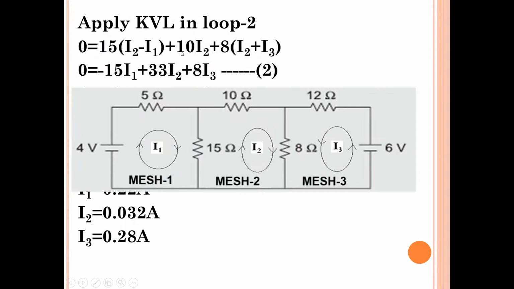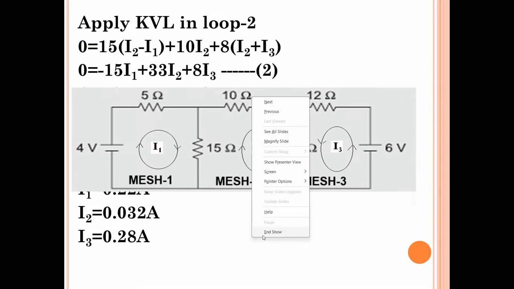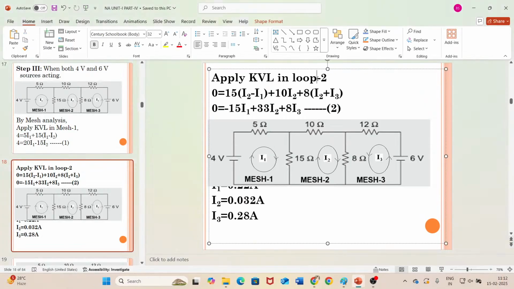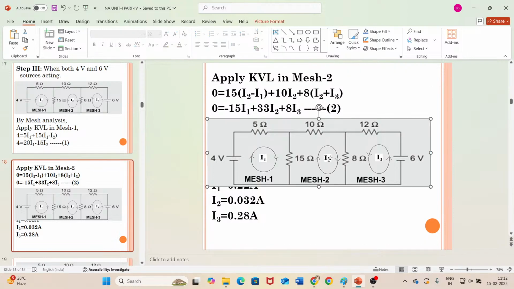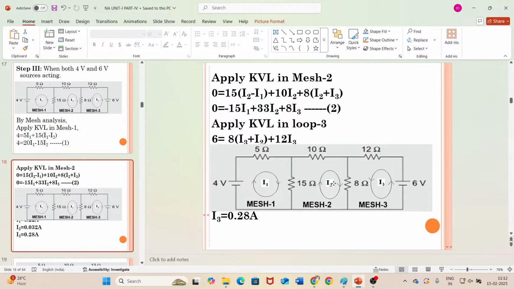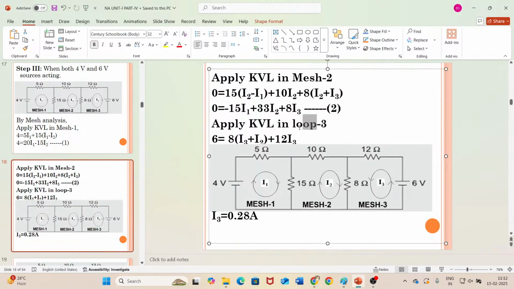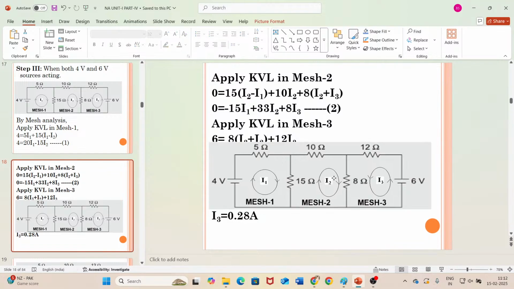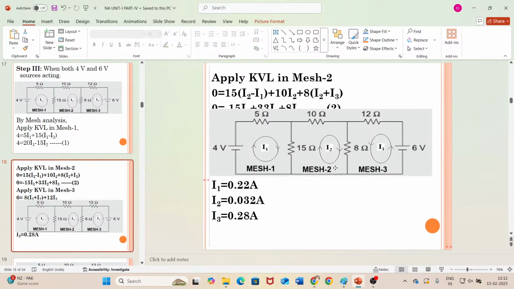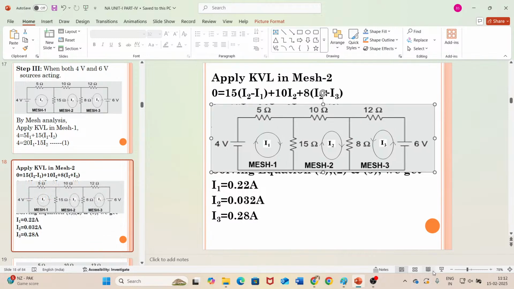Now apply KVL in loop 2, in mesh 2. Even if you write loop, it doesn't much matter.